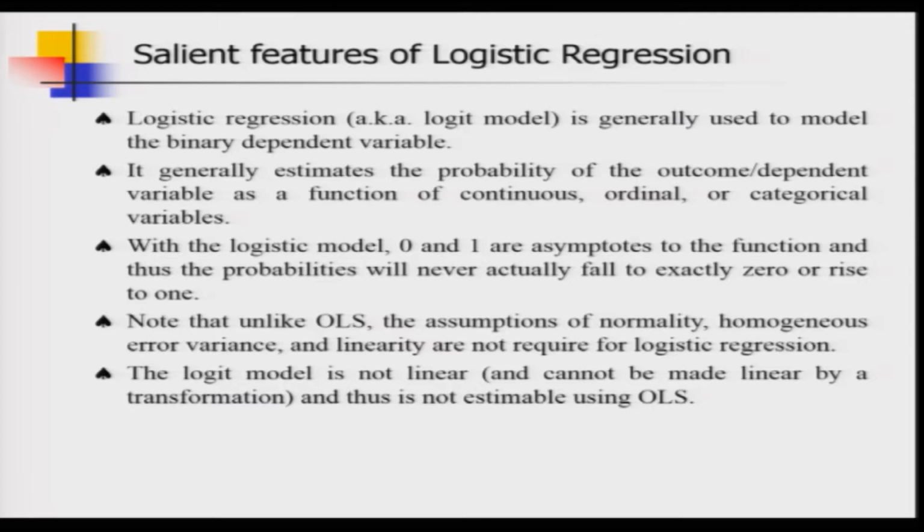And note that unlike OLS, the assumptions of normality, homogeneous error variance and linearity are not required for logistic regression. Also note that the regression problem we are dealing with here is non-linear in nature, so OLS is out of the question. We have to use a new estimation method which can handle non-linearity.